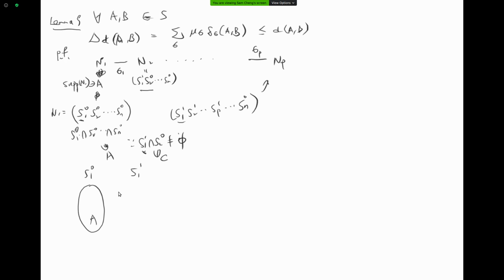Yes, it contains a C1 there. Let me write it this way.